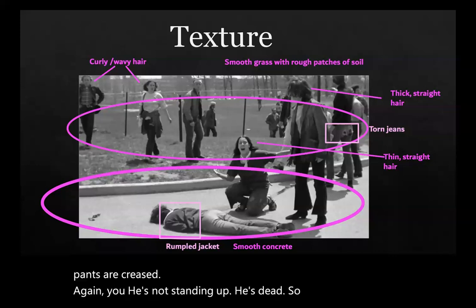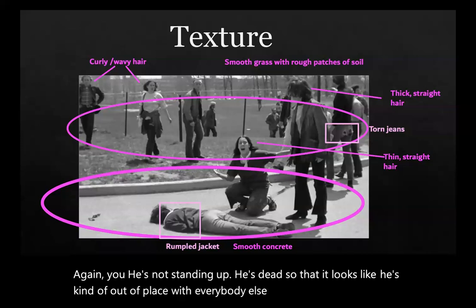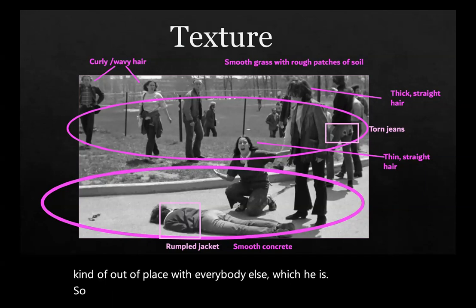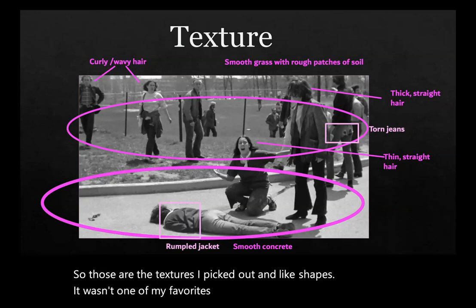So he looks kind of out of place with everybody else, which he is. So those are the textures I picked out, and like shapes, it wasn't one of my favorites. But I still did what I was supposed to do.